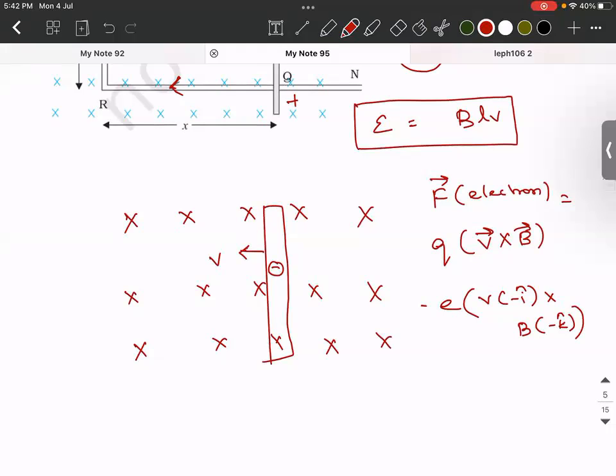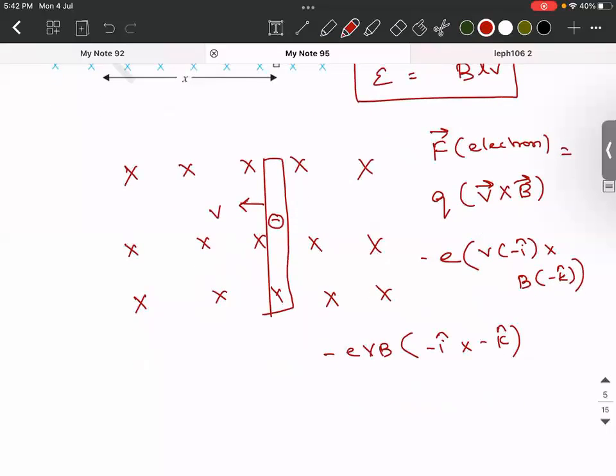So minus EVB into minus I cap cross minus K cap. So what is I cross K? Minus J. So minus EVB into minus J cap. So minus of minus, what will it give you? EVB in terms of J cap.